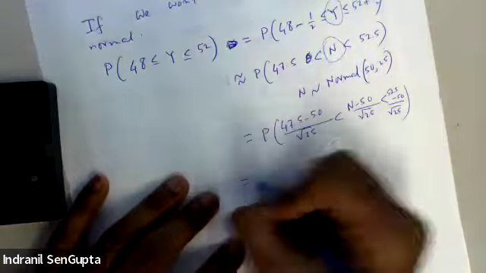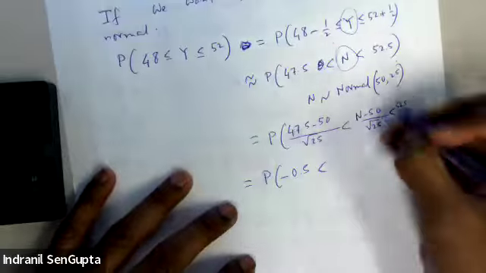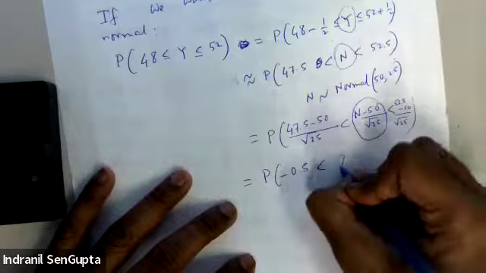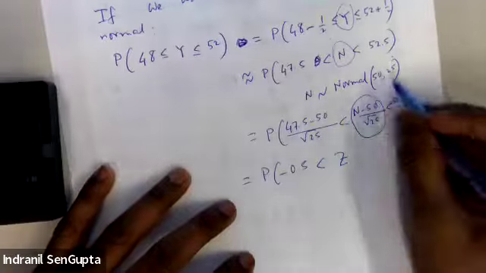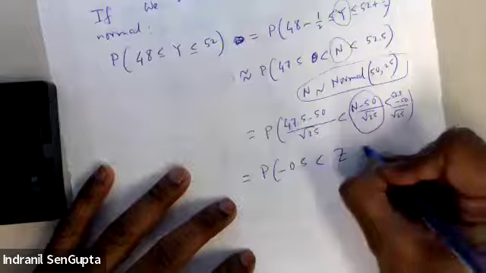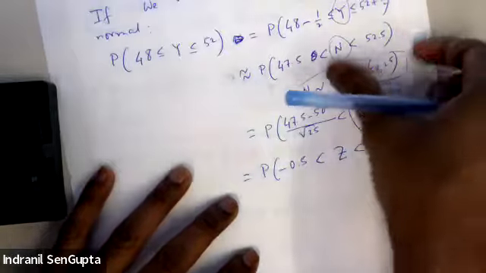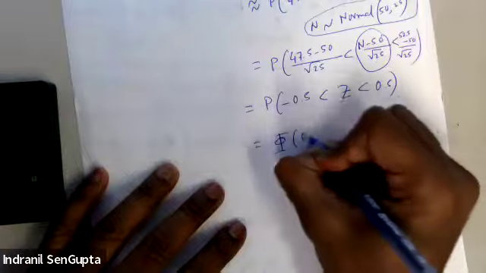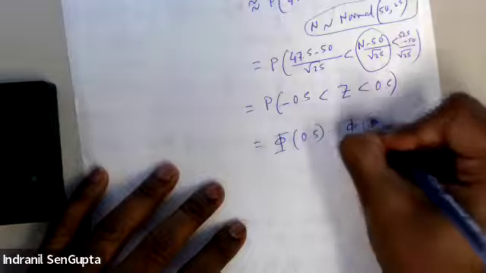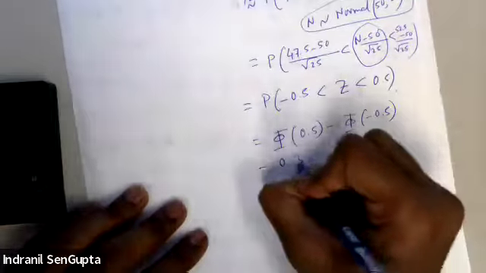If you compute this, you'll get probability of minus 0.5 less than z, because you're subtracting the mean and dividing by the standard deviation for this normal distribution, less than 0.5. And we all know how to compute this. This is basically phi of 0.5 minus phi of minus 0.5, which if you compute, is 0.3829.